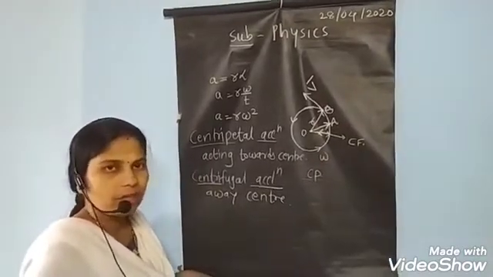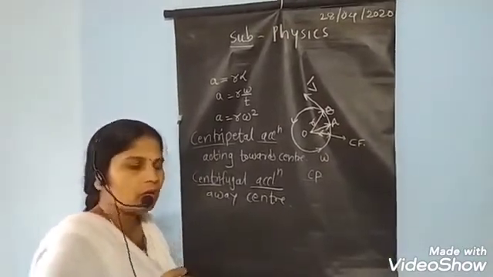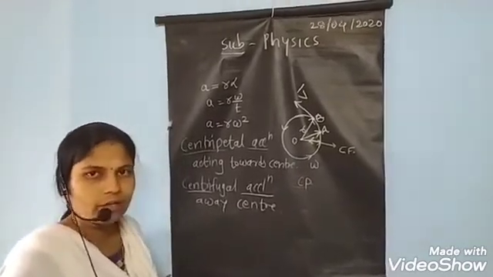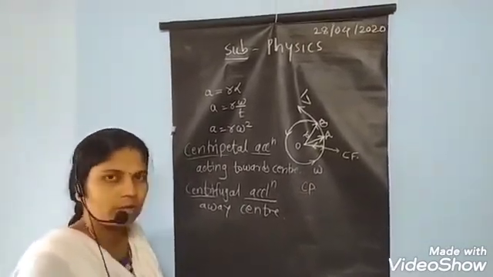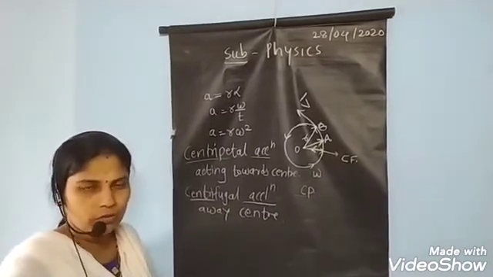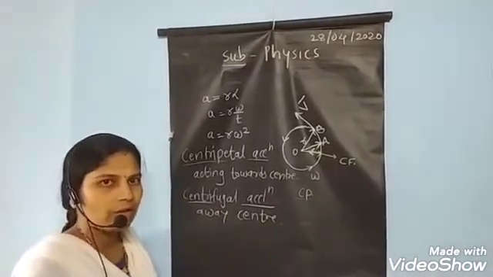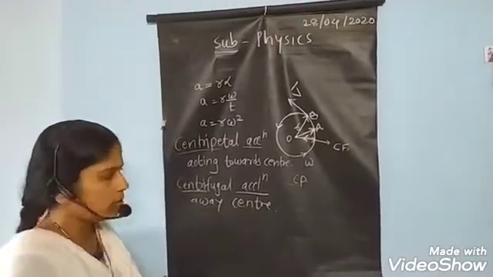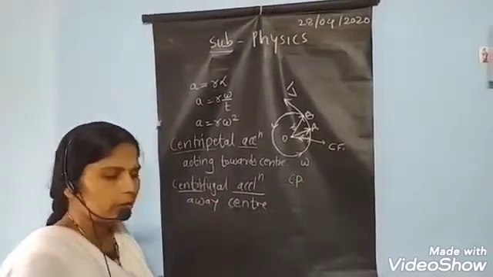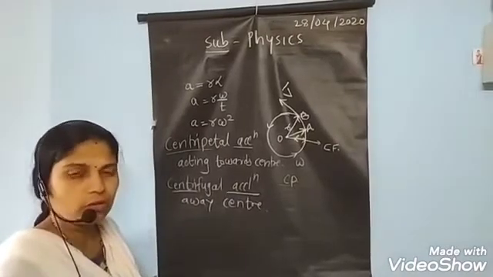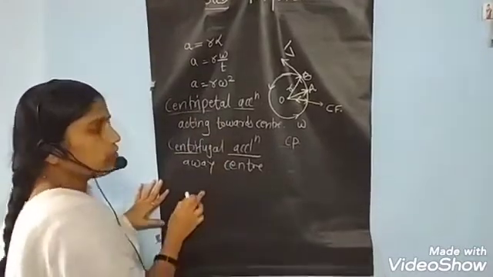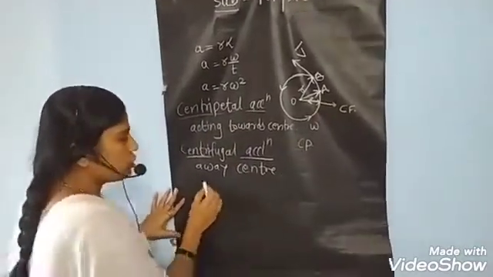For example, the bulging of the earth at the equator and the flattening of the earth at the poles is because of the centrifugal force. The dryer in a washing machine acts on the same principle, the same centrifugal acceleration.